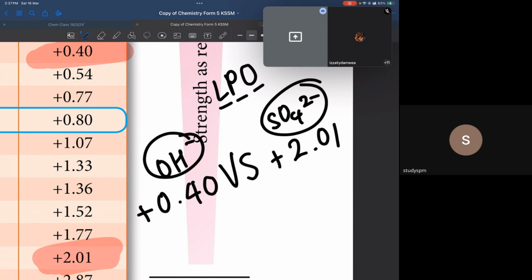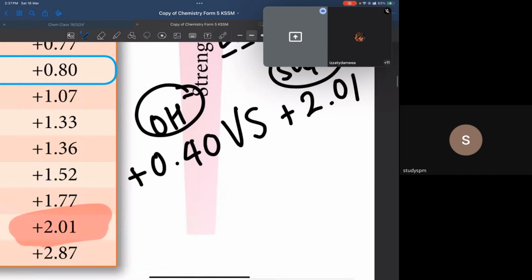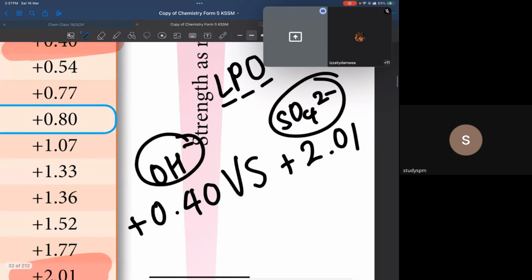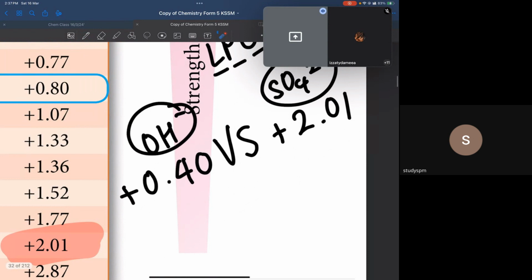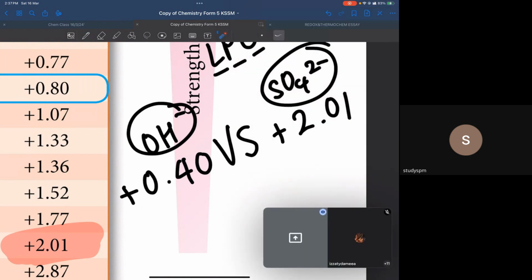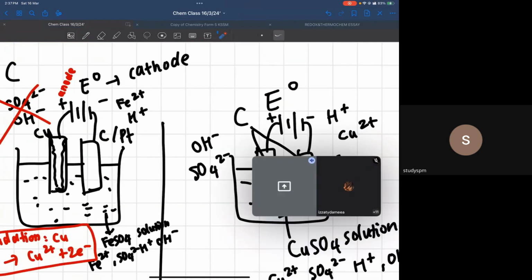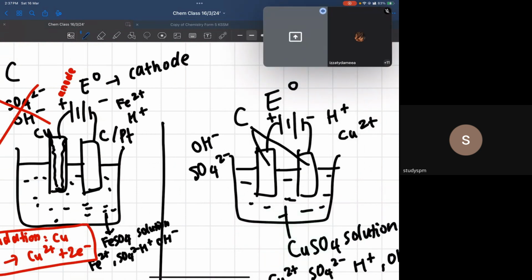The smaller the value is less positive kan. Sebab dua-dua ni kan positif. And then, even if you want to see the magnitude only, pun ini yang less kan. Jadi, hydroxide is the winner for anode. So, hydroxide ni dia akan selectively discharge. Okay, this is the winner.